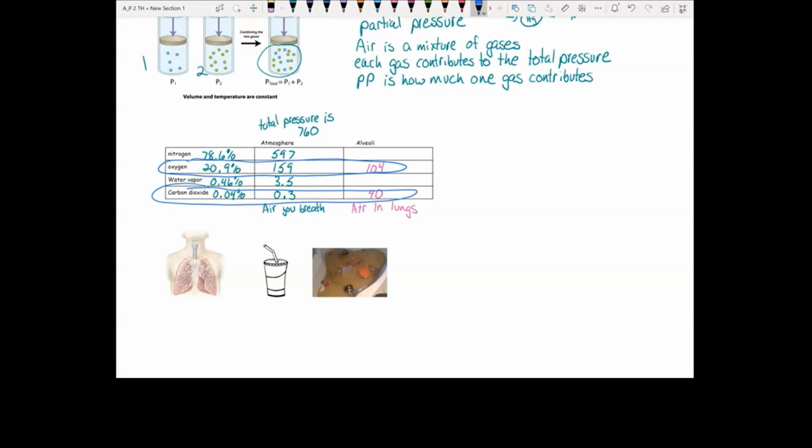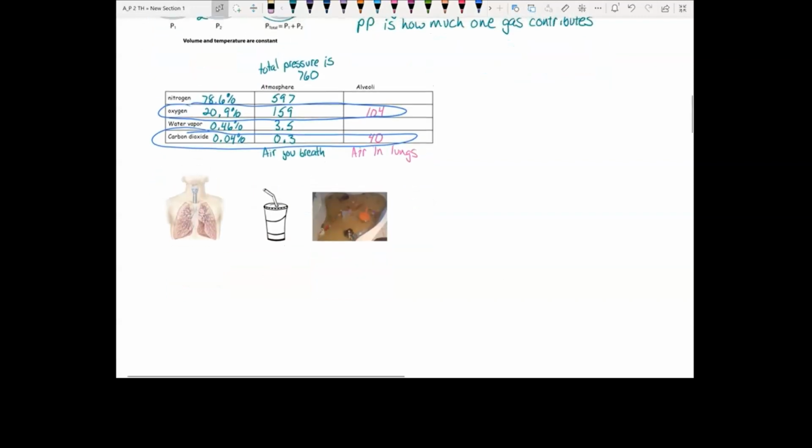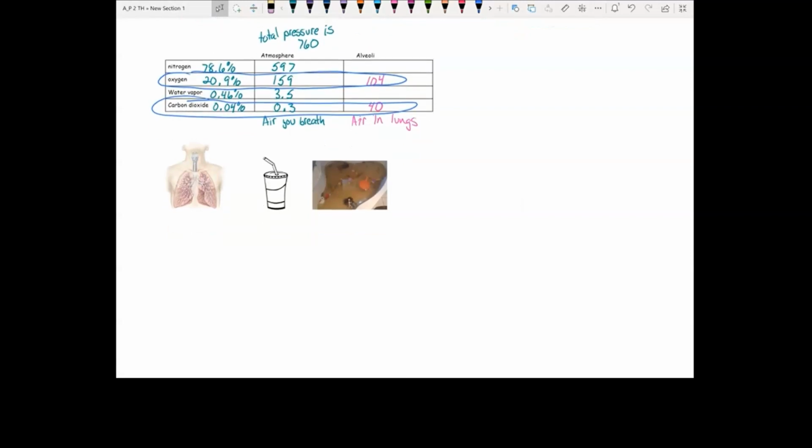Now that air is in your lungs, and that very same air suddenly changes to 104 and 40. The reason for that is you never completely empty your lungs. When you take a breath in, so you have air comes in, goes down all the way down here until your alveoli. Then you exhale, and that air starts going back out. Not all of it makes it out. You always have residual volume.